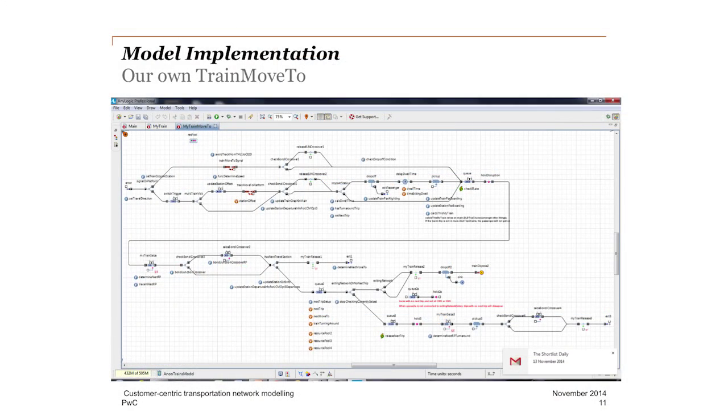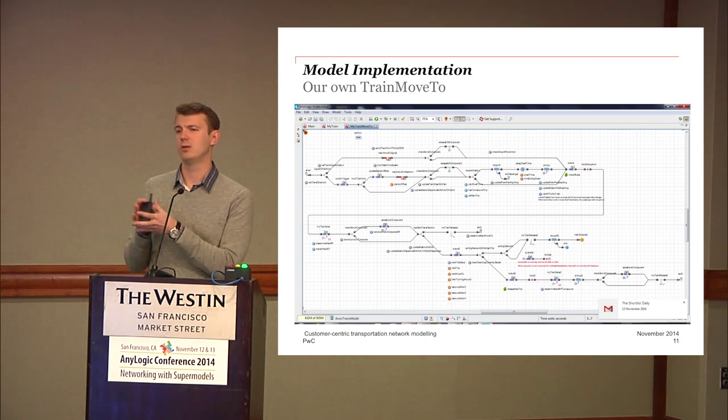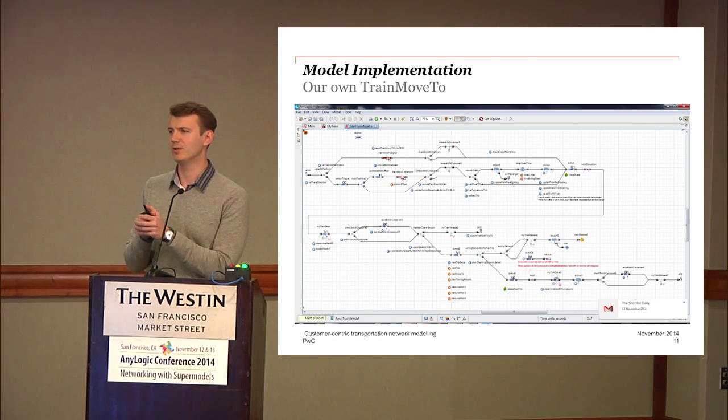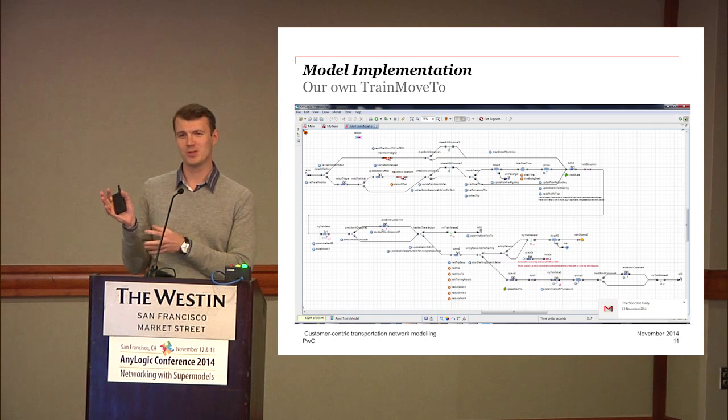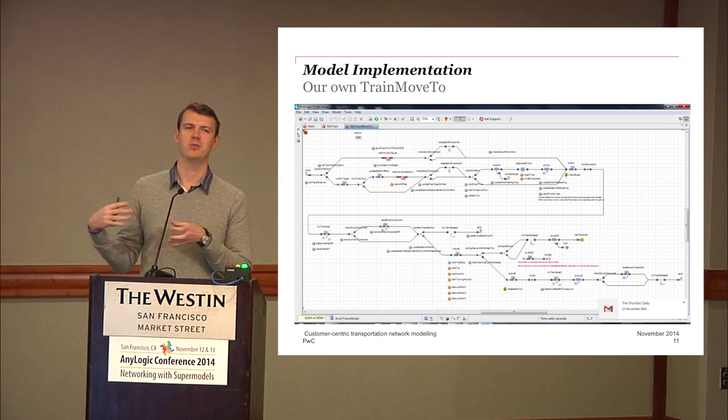One of the things that we had to do is, we were using the Rail library in the background over the network that we built from the GIS. But we had to write our own train move to component, which you'll probably have to go through at some point as well. And that was mostly to make sure that the safety rules of the network are observed every time the train is moved.